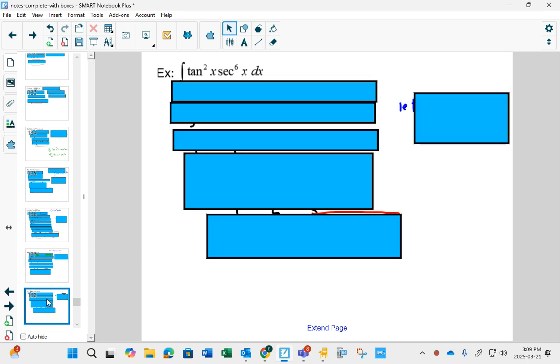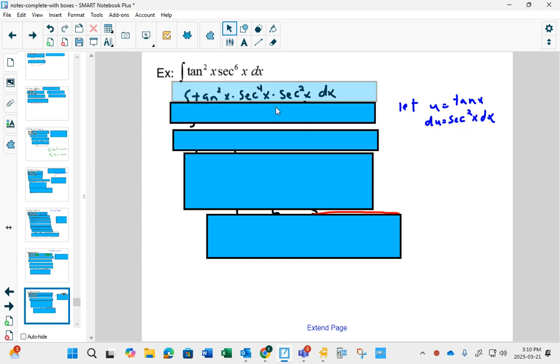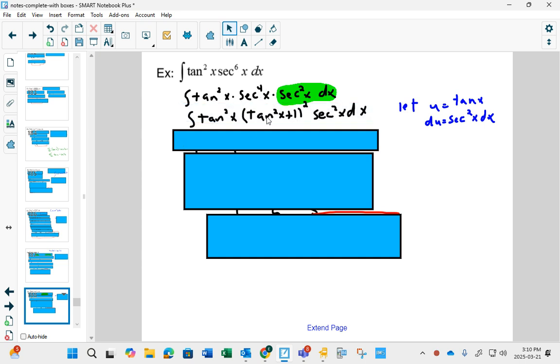All right, look at the last one. If you make your u tan x, then du would be secant squared. So I have to break things up so that I have secant squared dx. Tan x is going to get replaced with a u, so I change my secant to the 4 to tan squared x plus 1, all squared, because that's secant squared squared.